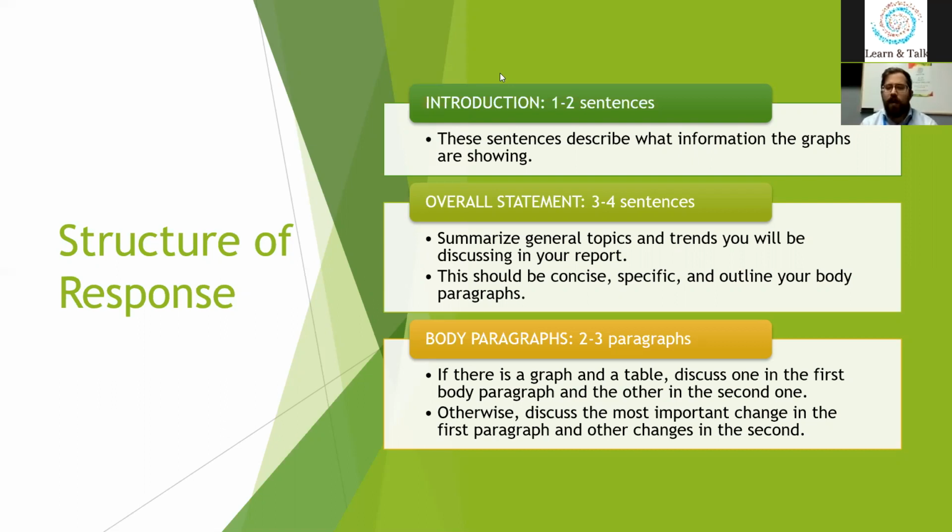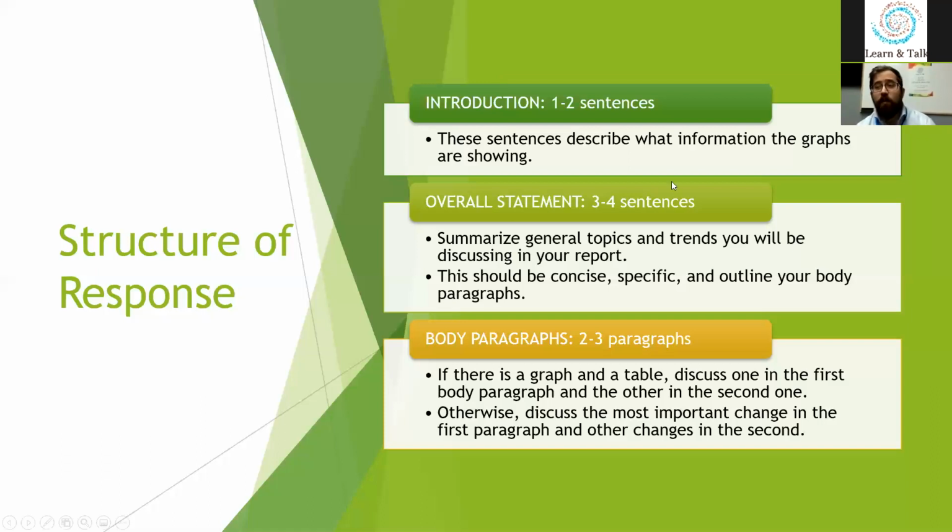So a rule of thumb for your body paragraphs is if there is a graph and a table, then you have to discuss one of them in your first paragraph and the other one in your second paragraph. Otherwise, if you only have one chart and nothing else, then discuss the most important or the largest change in your first paragraph and talk about other changes in your second or third paragraph.